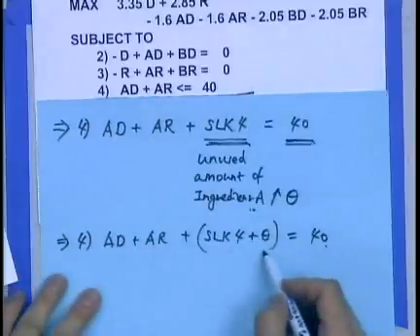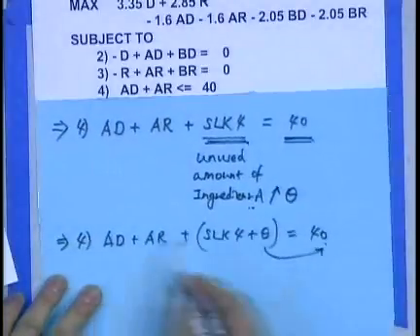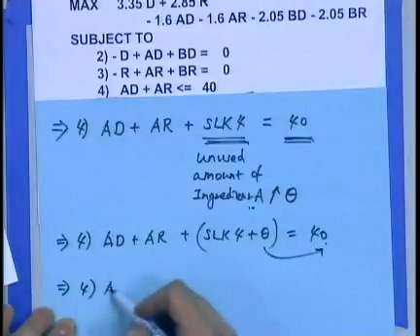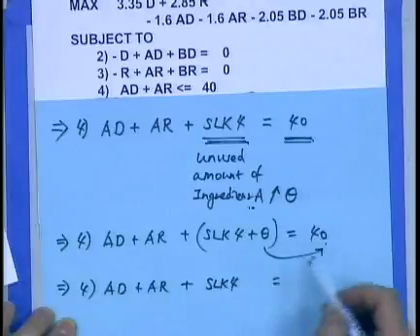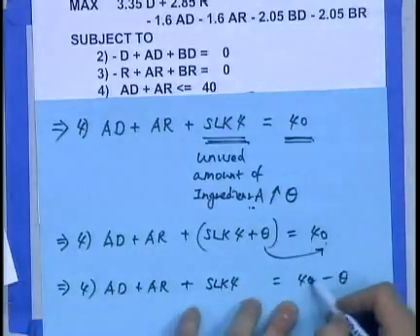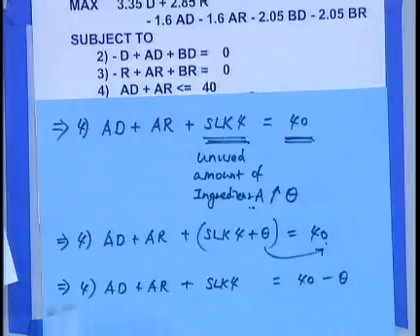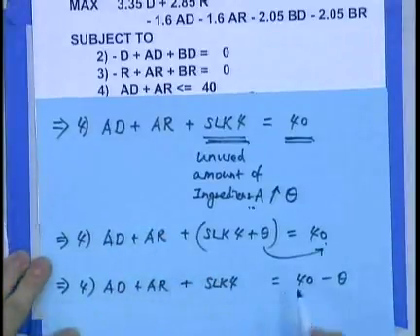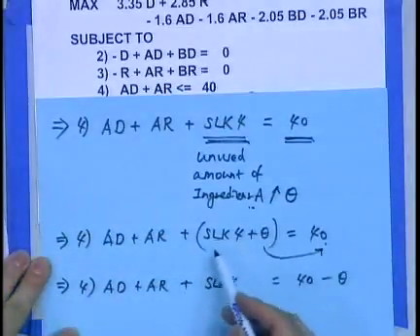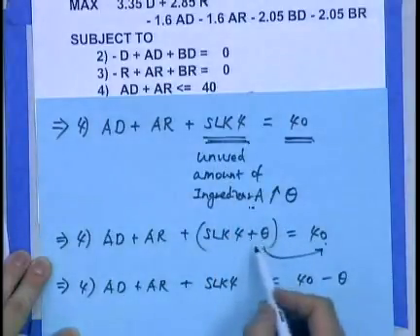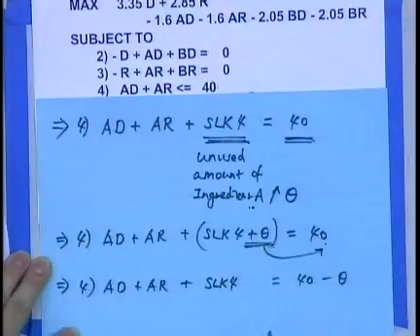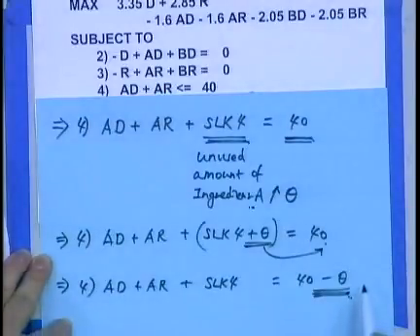If you move theta to the right-hand side, we have slack 4 equals 40 minus theta. Is that right? So we may say that if the variable slack 4, which is the unused amount of ingredient A, were increased, this would be equivalent to decreasing ingredient A availability. Okay?